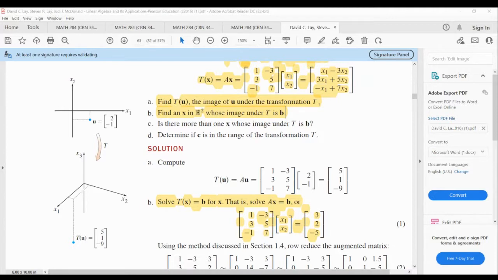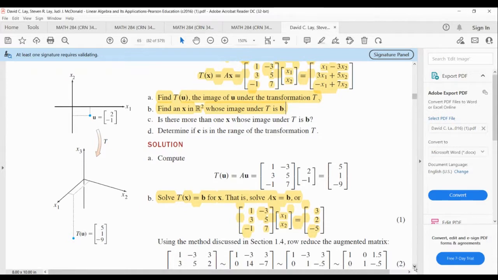You know a vector in the range. You're trying to find a vector in the domain. That's what you're doing when you find a vector x in R squared whose image under the transformation is a vector b. Images are in the range.